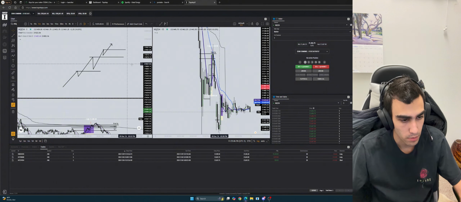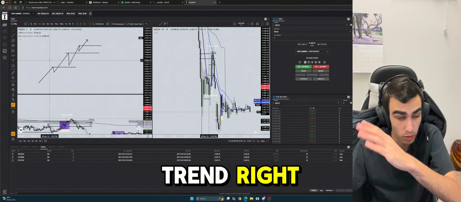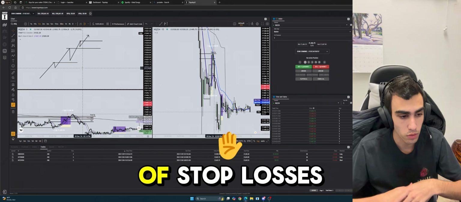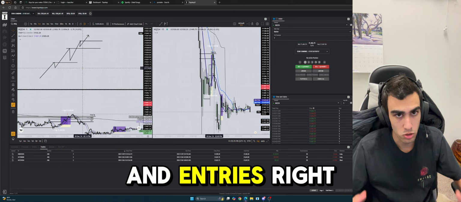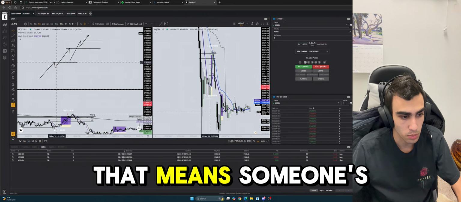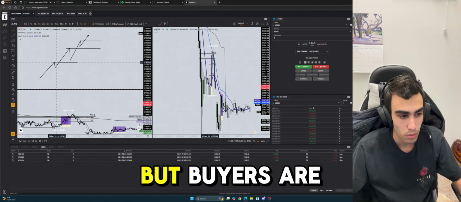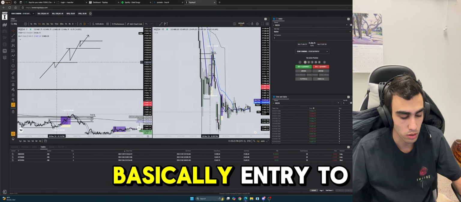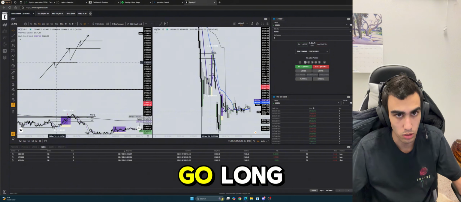So this is obviously a trend. That basically means that at every high there are going to be stop losses and entries. At this high someone's getting stopped out, but buyers are entering to go long.